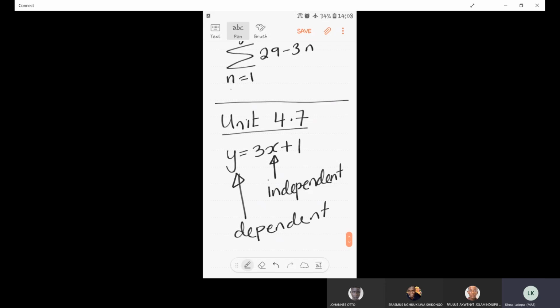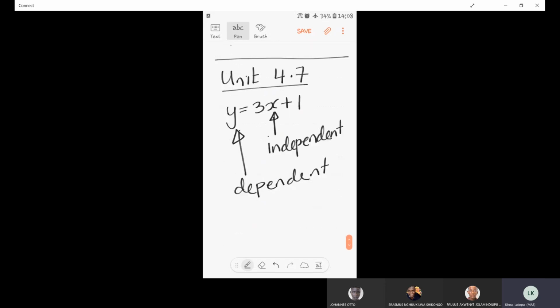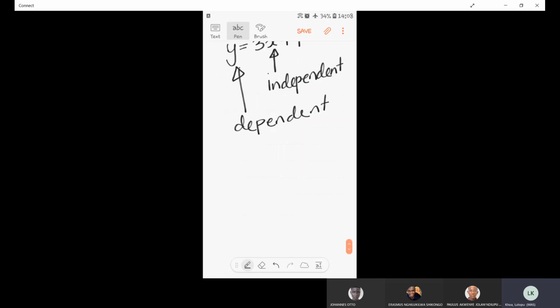So just like in English, when we talk about independent and dependent, here it means that the value of y depends on what x is. So x can be anything, but y depends on what x is. So here we also have terms like the domain. I mentioned this a little bit when we were talking about logarithmic graphs.